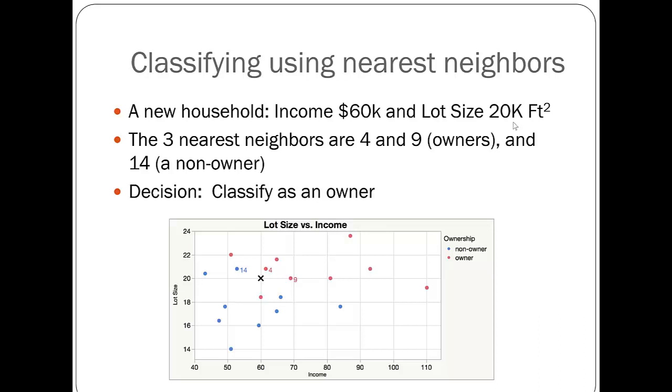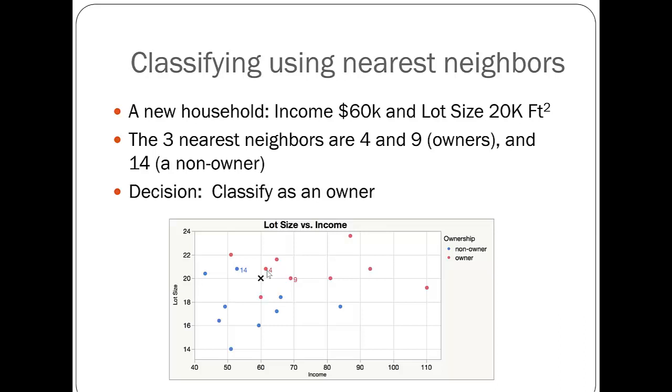Should we solicit them by sending them a mailing? And so we would look at that value, 60,000, 20,000, and say which one is the closest data point, and it turns out the closest one is number 4 right here, and so that is an owner.